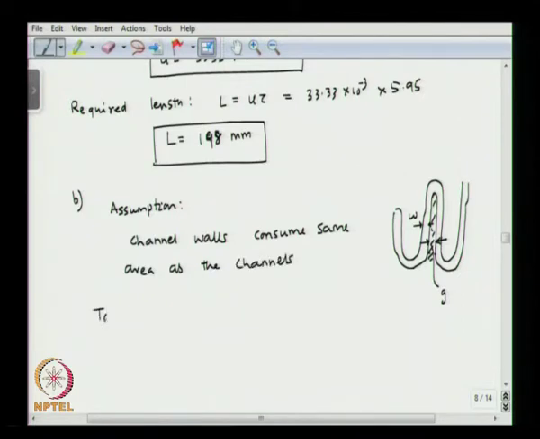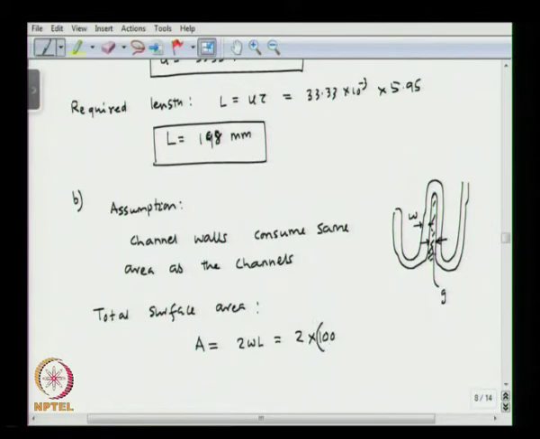We can find the total surface area. The total surface area A will be 2 into W into L, which is 2 into 100 into 10 to the power minus 6.